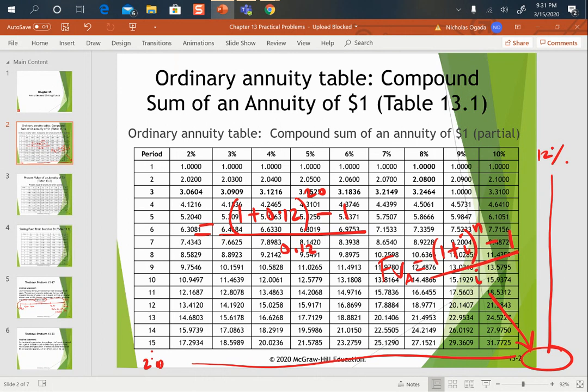Now, I just want to show you how those factors are derived. It's easy to get this from the table, but I just want to show you how those values are derived.